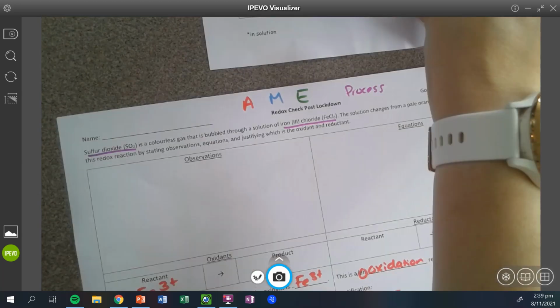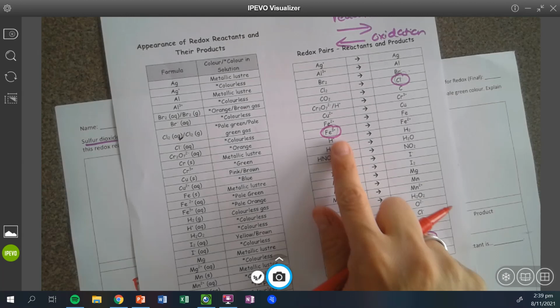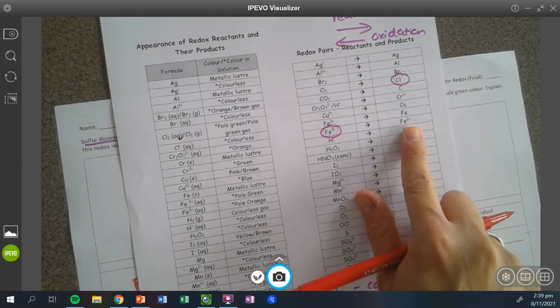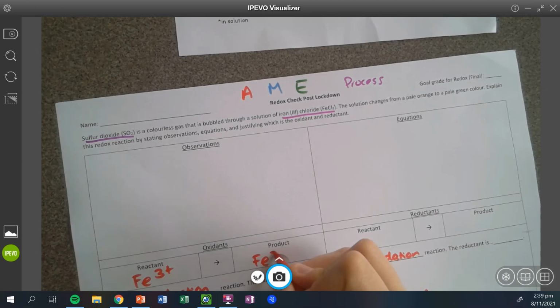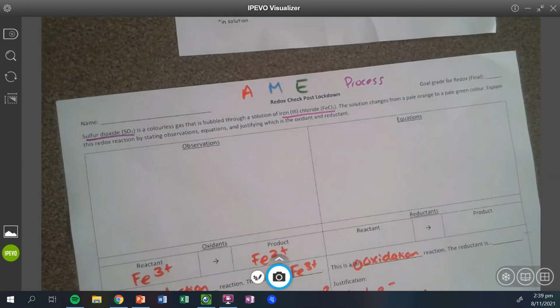If I look at that resource sheet, I can see what iron 3 is becoming. What is it becoming? Iron 2. So the product for that is iron 2. You guys should be writing things down. I'm spoon feeding you the answer. Are we okay with that so far?